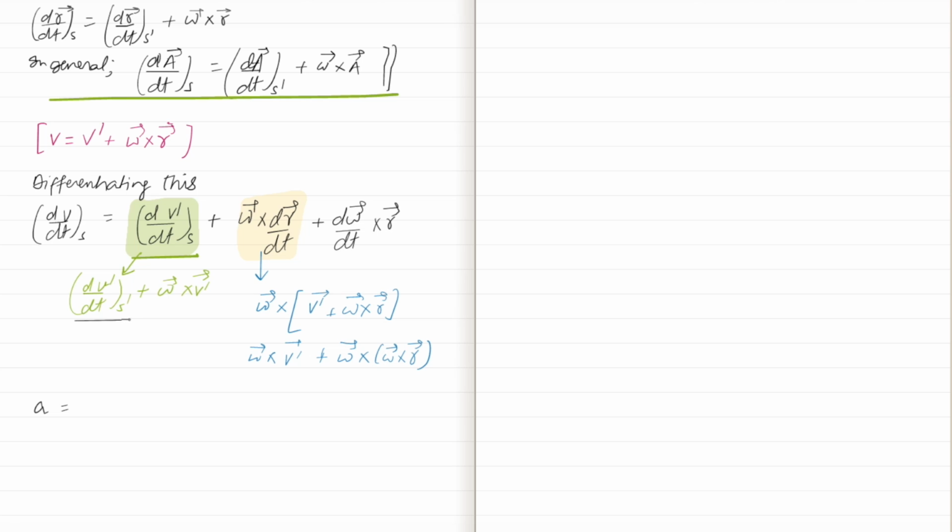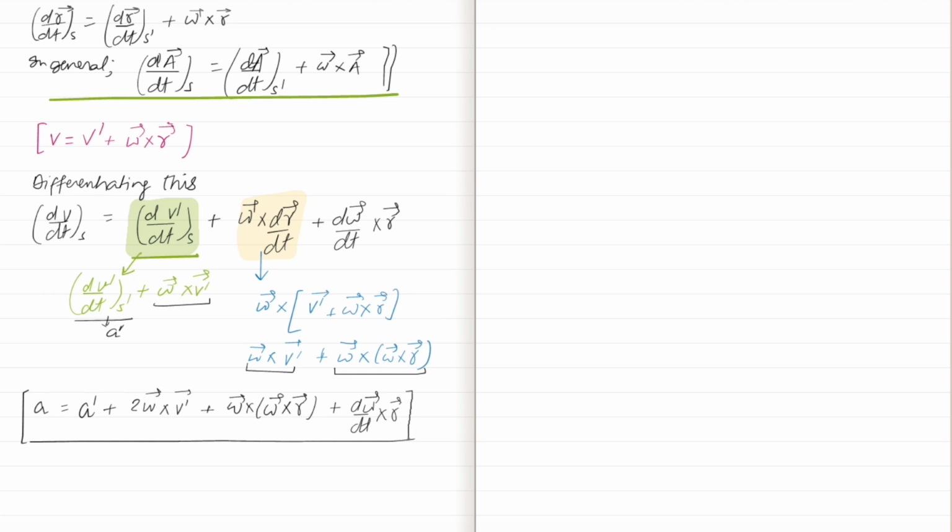So this term dv dash by dt with respect to S dash, this is the acceleration of the object with respect to the non-inertial frame. So this is a dash plus this term is omega cross v dash, and here also we have omega cross v dash. So we have 2 omega cross v dash. Then we are left with omega cross omega cross r vector, plus we have d omega by dt cross r vector.